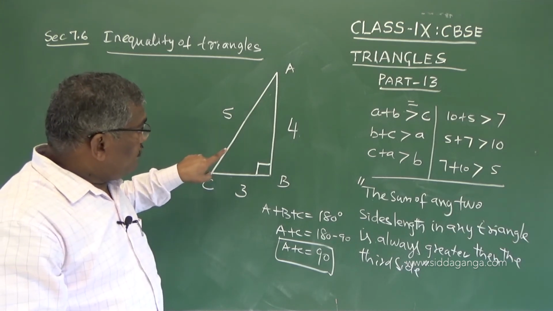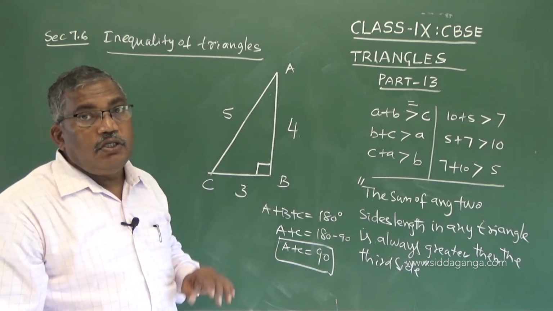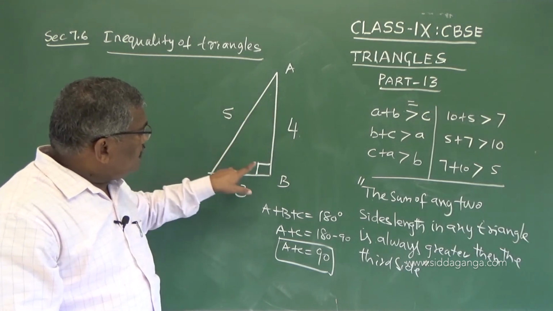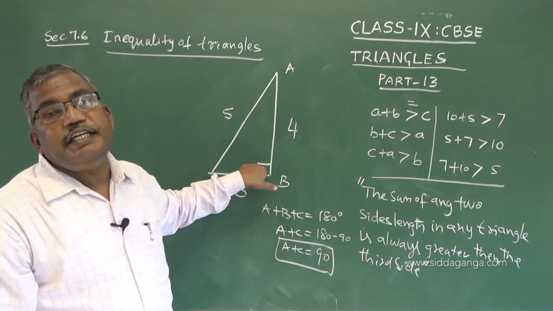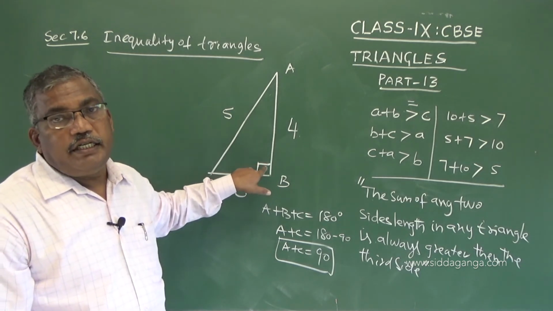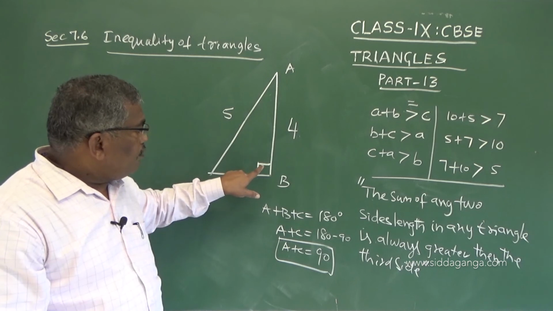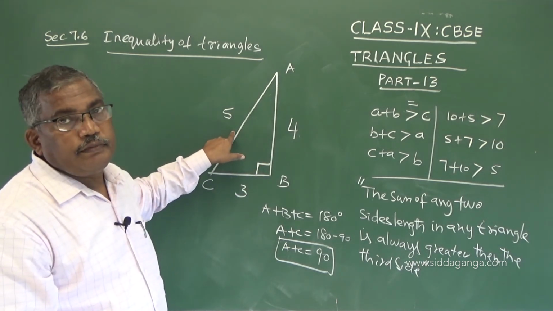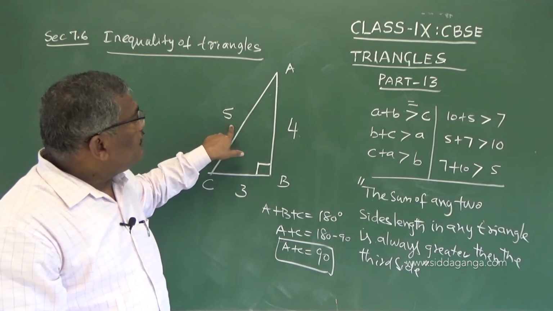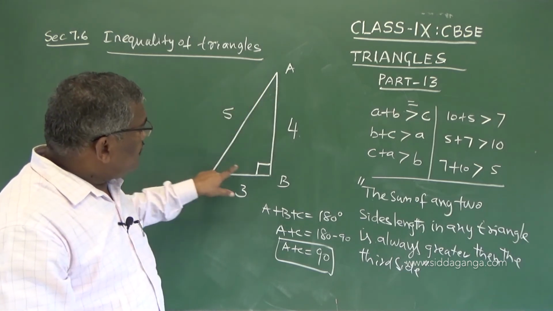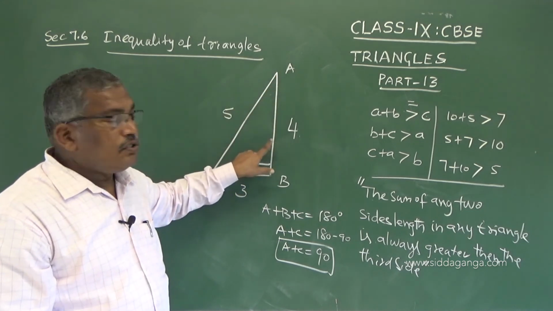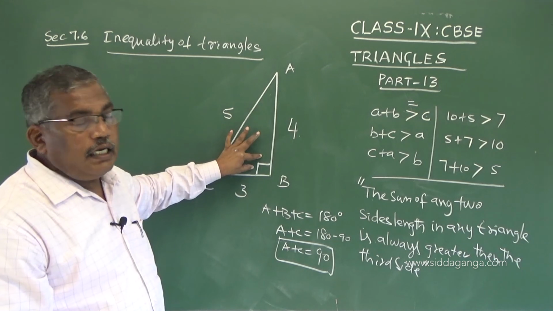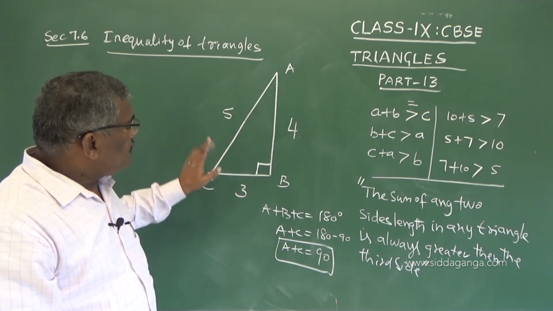So when such is the case, which is the biggest angle in this triangle? That is B. B is 90 degree. This is the biggest angle. So the biggest angle's opposite side is the hypotenuse. That is, hypotenuse is the largest side of the right angle triangle. So therefore, 5 is opposite B, the biggest angle, and the smallest side is 3.